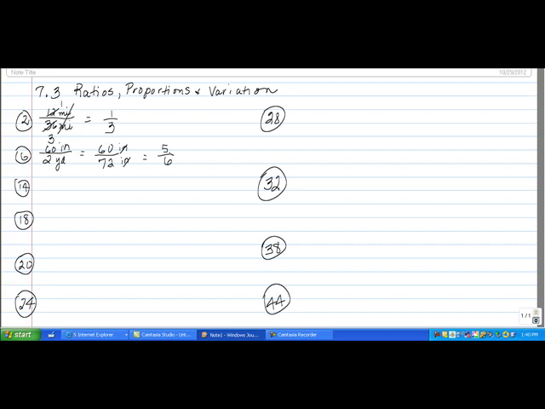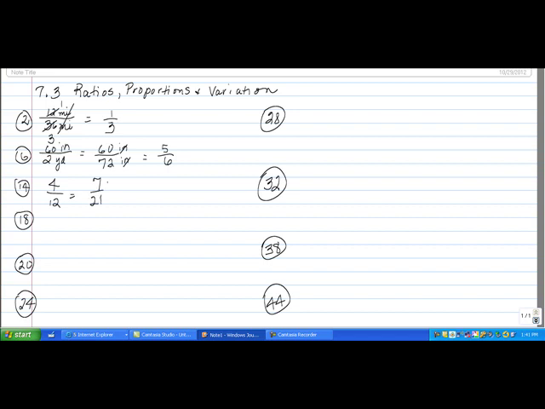Alright, in our next group, which is actually on the next page, we want number 14, and we're to decide whether each proportion is true. We're given 4 over 12 equals 7 over 21.